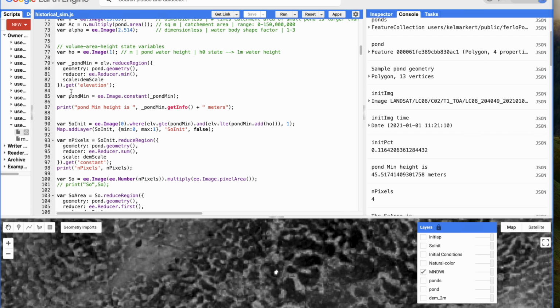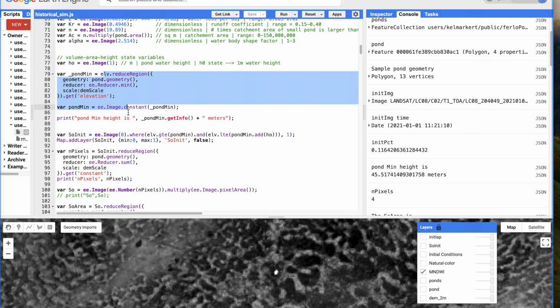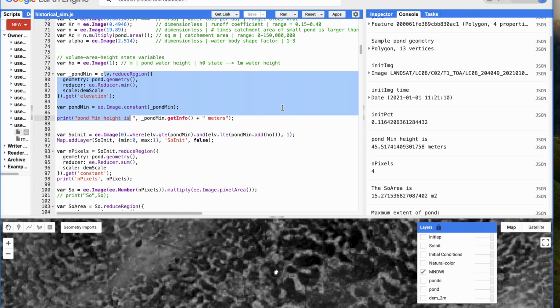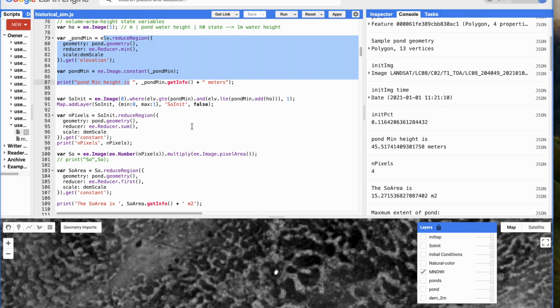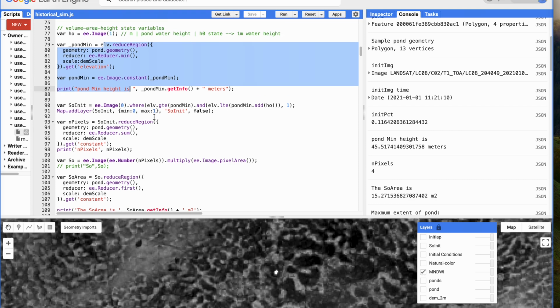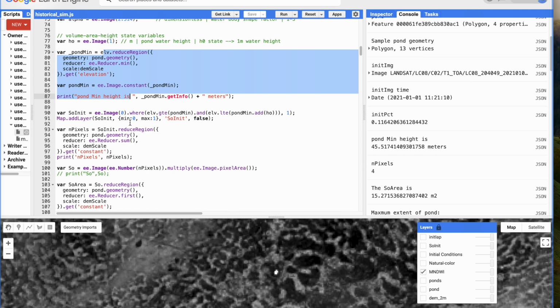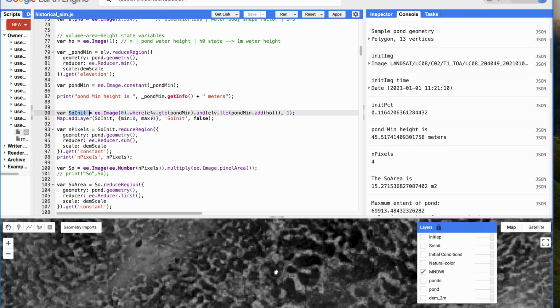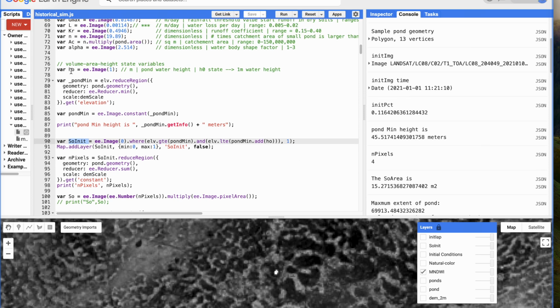Yeah, and then over here we're trying to get the minimum height of the pond based on the DEM we have, and that's just a standard operation. The SO init is something where, if you look here, the H naught is sort of the maximum water height, and these things could change.